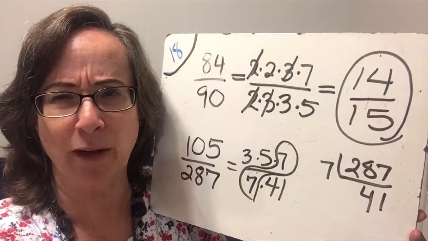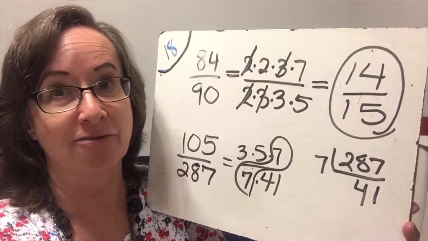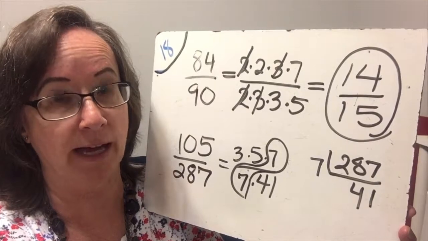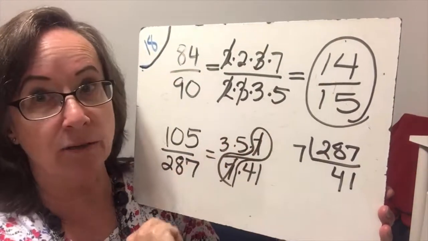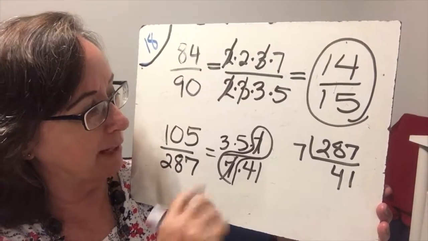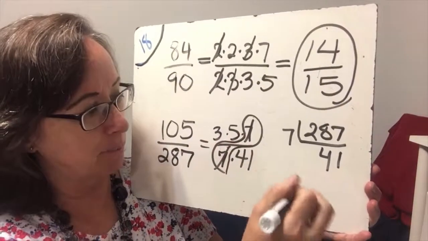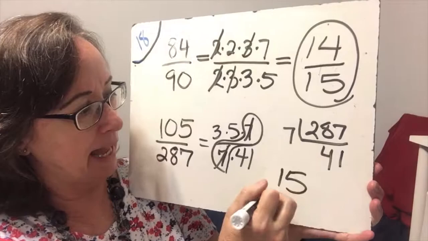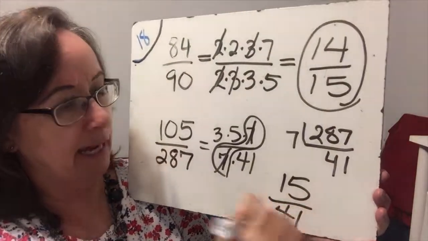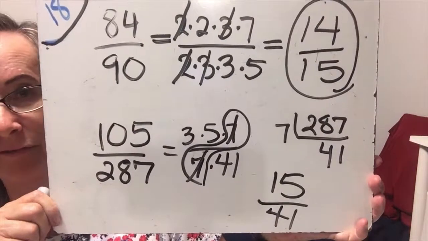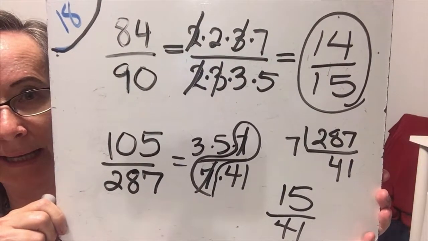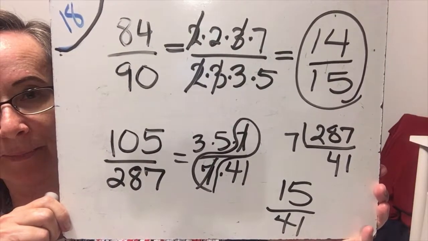And 7s are relatively difficult to find when you are simplifying fractions. So we're going to cancel the two 7s, and we wind up with 15 divided by 41 as our final answer. So here's your board just a little bit closer, and 15 over 41 is the final answer.